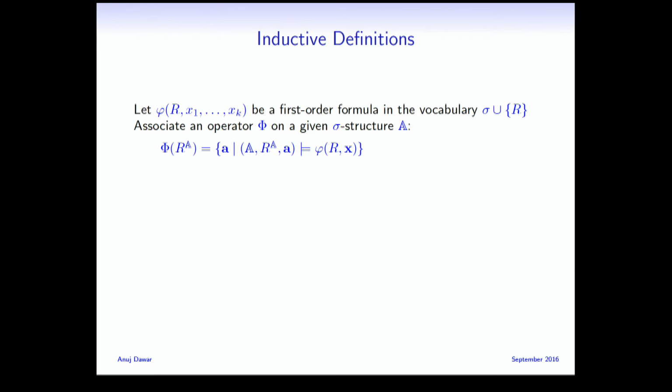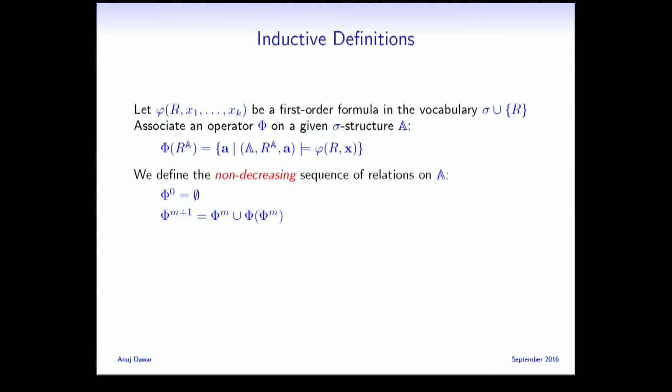We associate, on a given structure A which interprets all the relations other than R, so it's a sigma structure, a map. We think of this formula as defining an operator which, given a k-ary relation, defines another one. So it takes a k-ary relation, you plug in an interpretation for R, and this formula then defines a k-ary relation, and we call that phi of R. So it's a map from k-ary relations to k-ary relations.